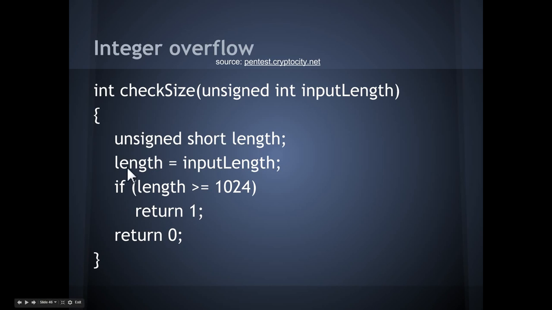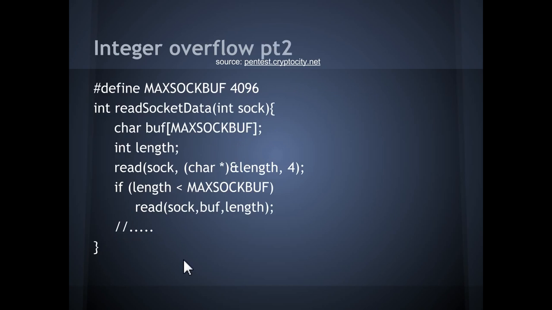Well, if the lower half of the integer's bits don't evaluate to greater than 1024, we're cutting off all this most significant half. So that could lead to dangerous cases being evaluated as safe. So the next one, I can give you time to pause.